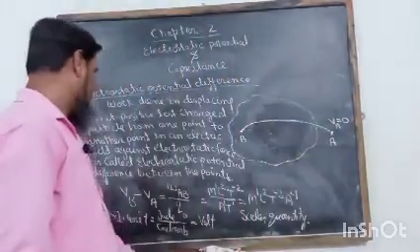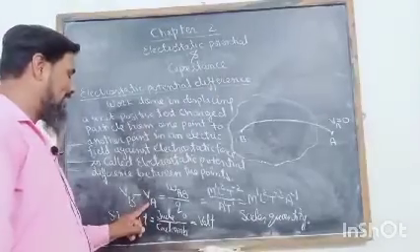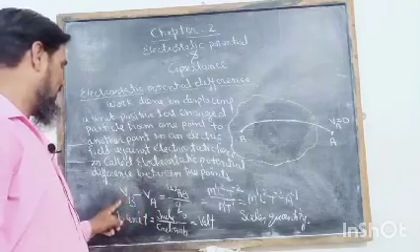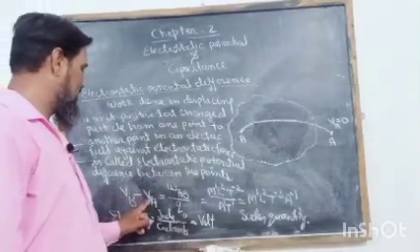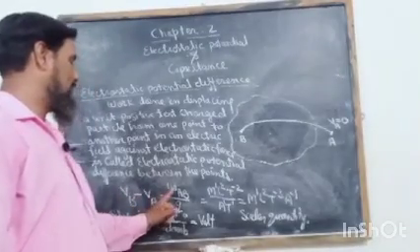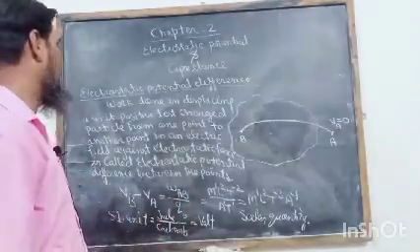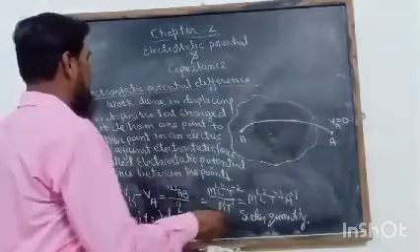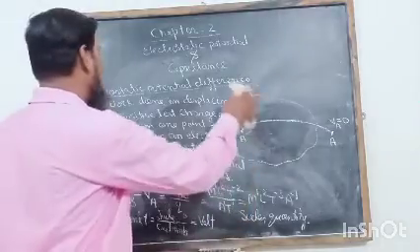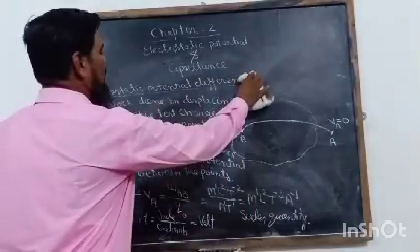In this case, if we consider VA equal to 0, then VB minus 0 is equal to WAB upon Q0, and it is named electrostatic potential.